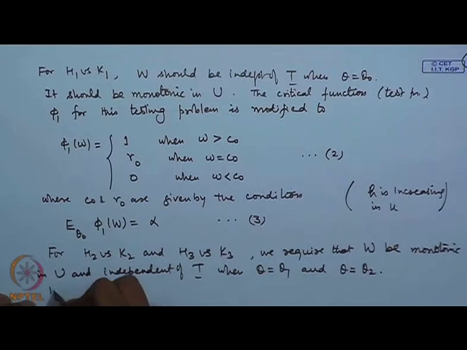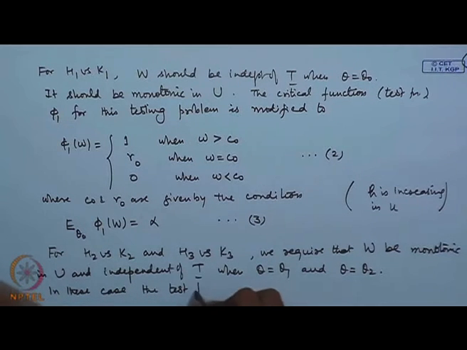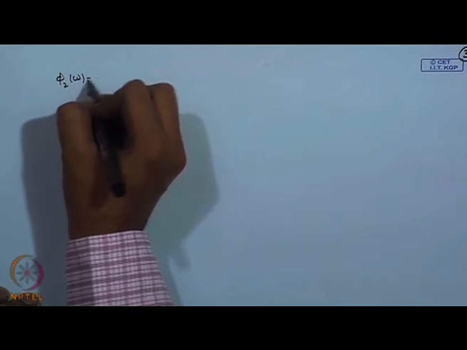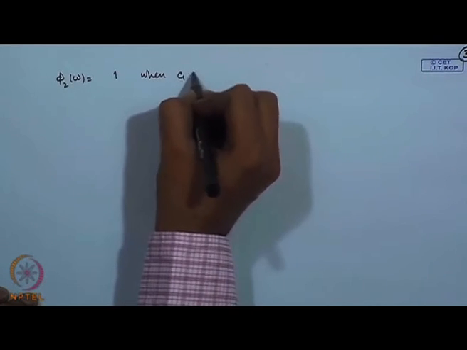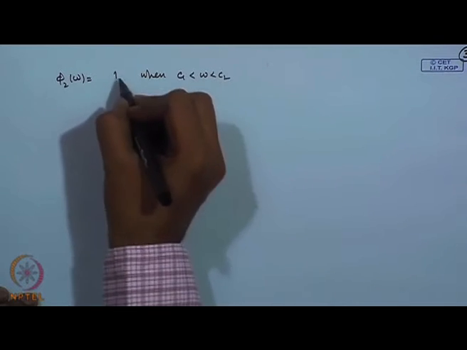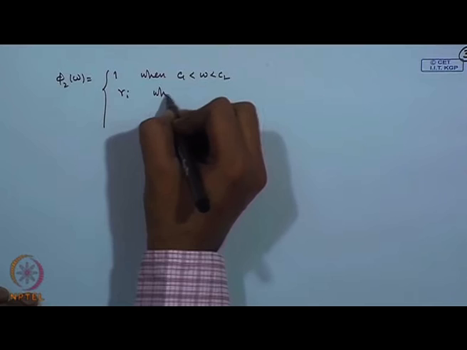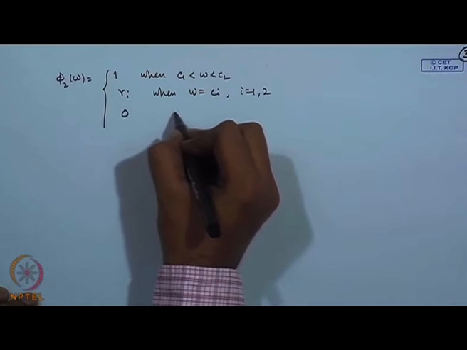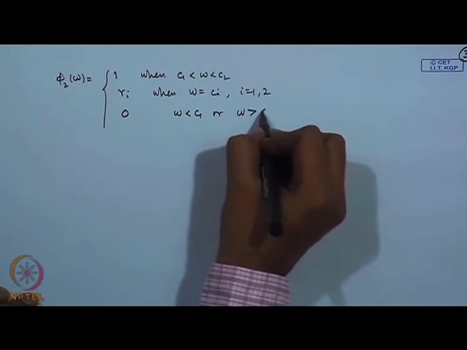So, in these cases the test functions phi 2 and phi 3 are given by phi 2 of w is equal to 1 when C1 is less than W less than C2, it is equal to gamma i when W is equal to Ci, i is equal to 1, 2, and it is equal to 0 if W is less than C1 or W is greater than C2.